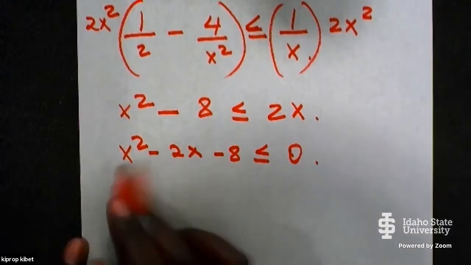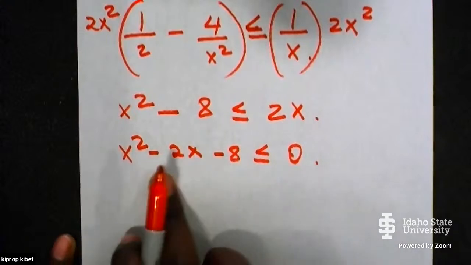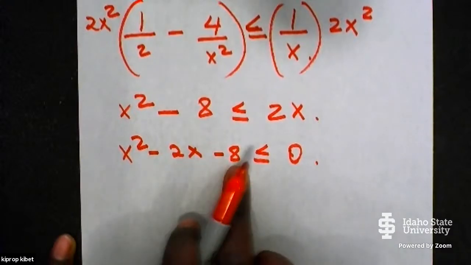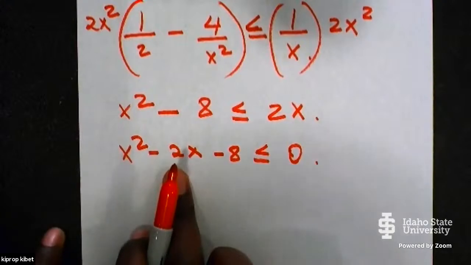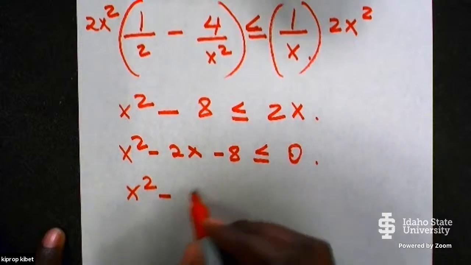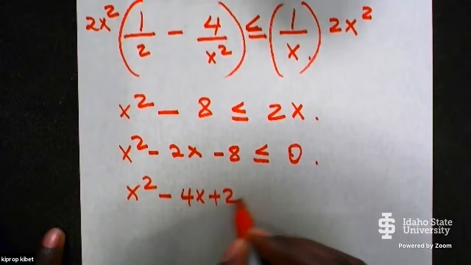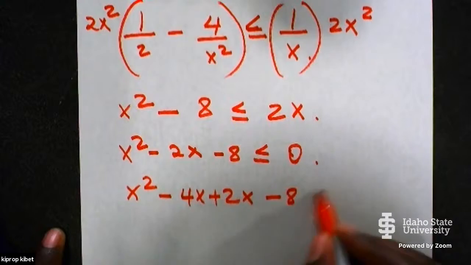Here we need to factorize this. How should we factorize it? The product is minus 8 and the sum is minus 2. So x squared minus 4x plus 2x minus 8 is less than or equal to 0.